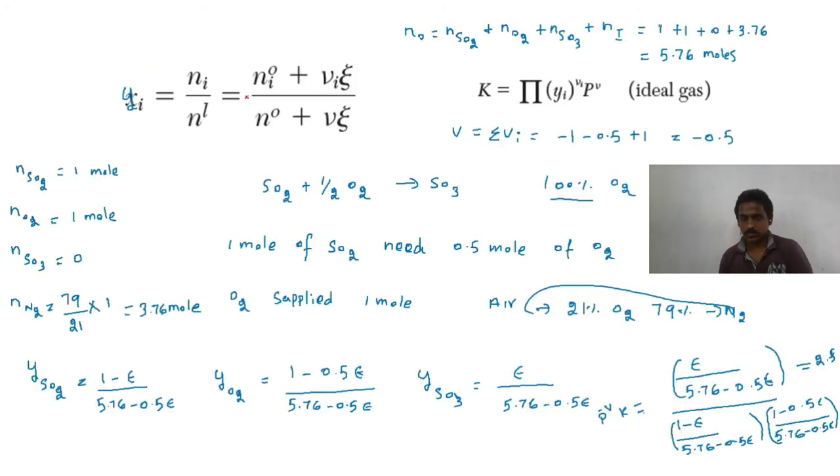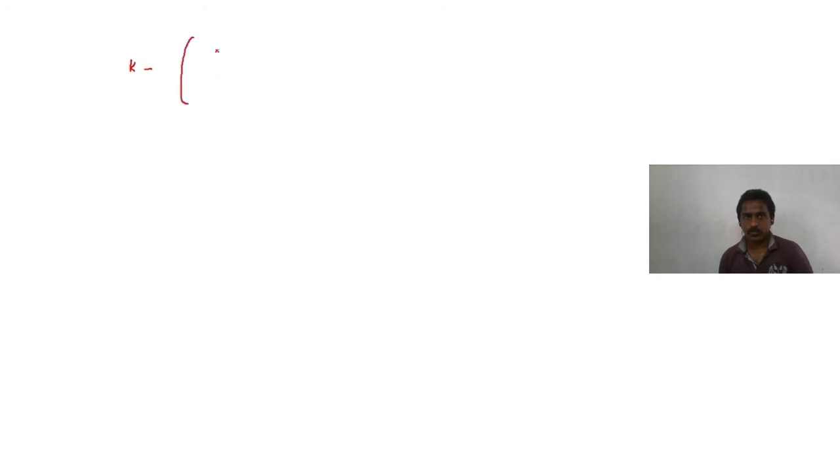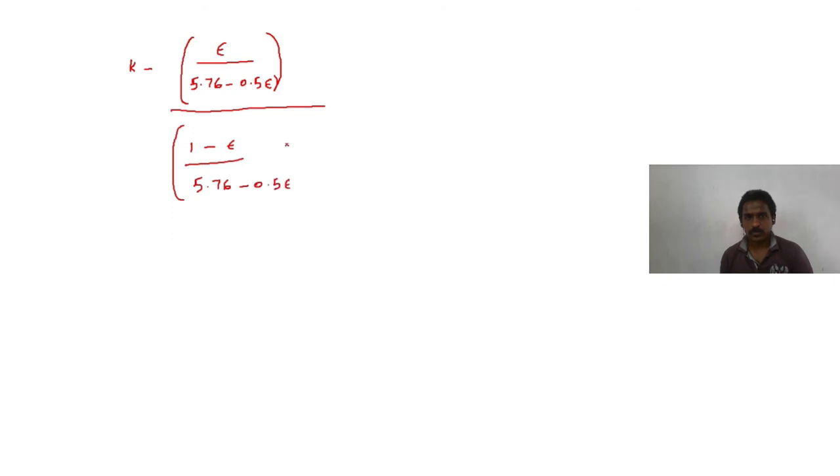So K minus epsilon divided by 5.76 minus 0.5 epsilon, divided by 1 minus epsilon divided by 5.76 minus 0.5 epsilon, divided by 1 minus 0.5 epsilon divided by 5.76 minus 0.5 epsilon, is equal to 0.